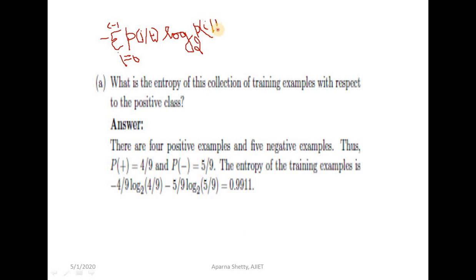Correct? So this is the formula to calculate the entropy.